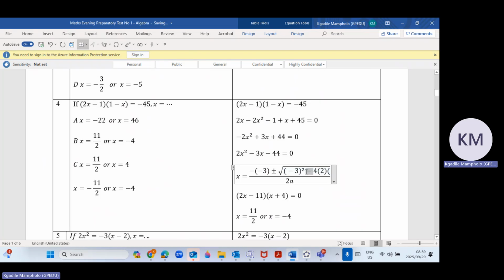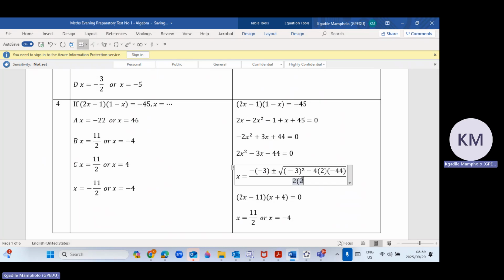Let's put -44 here, and then you put 2a. Like I said, even if you don't write it on your answer sheet, if you write it on a separate sheet, it's fine. Then you punch it on your calculator.